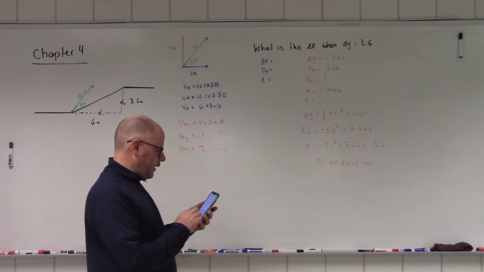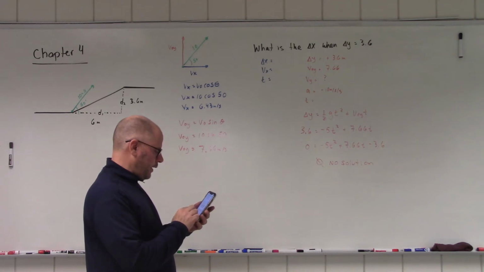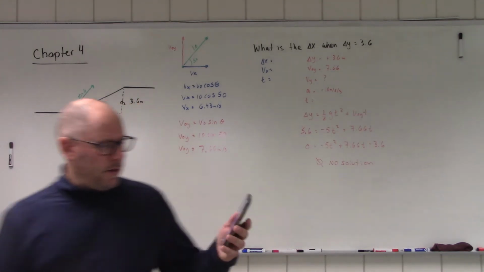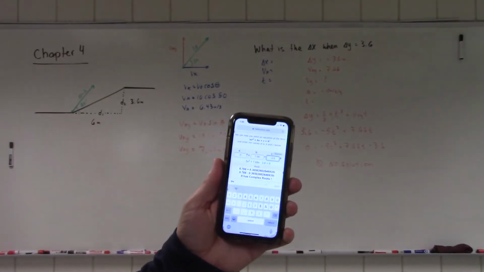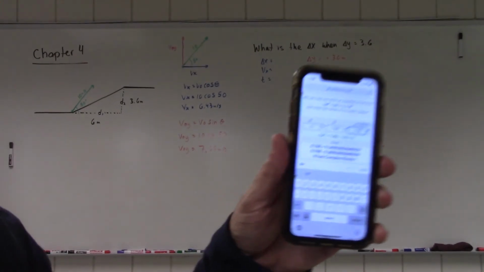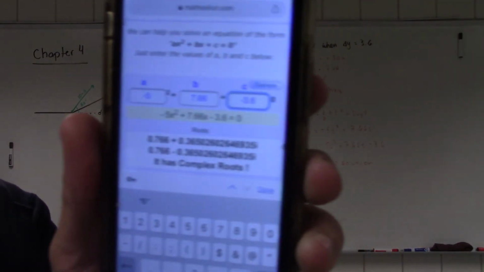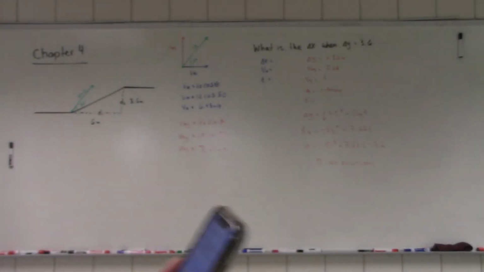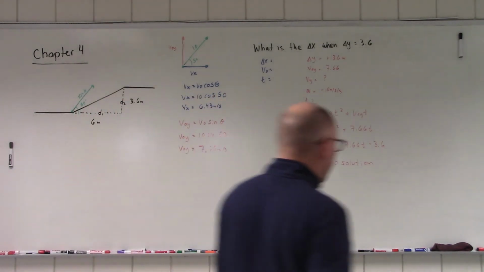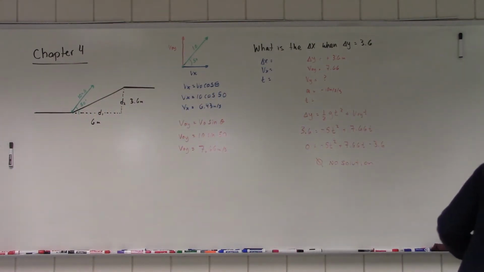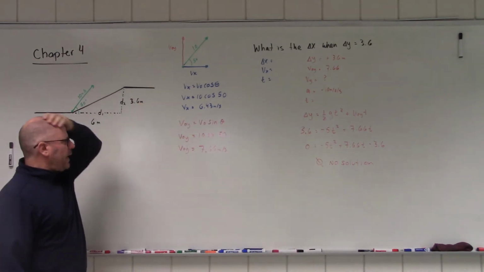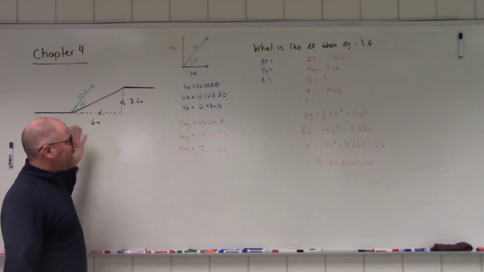And my C value is -3.6. I don't know if you can see this or not. Let's check. Ooh. Assuming I did that right, it says it has complex roots, which means there's no time that the height is 3.6, which means it never gets that high.